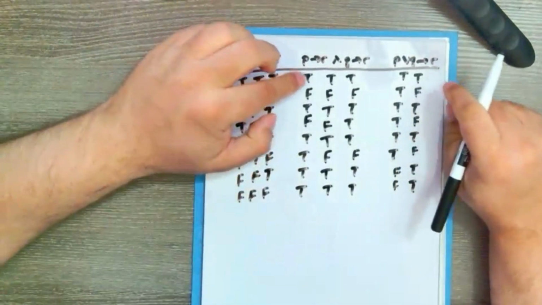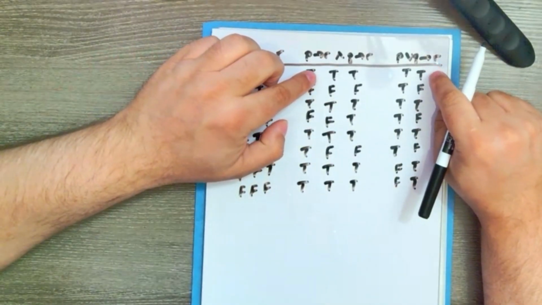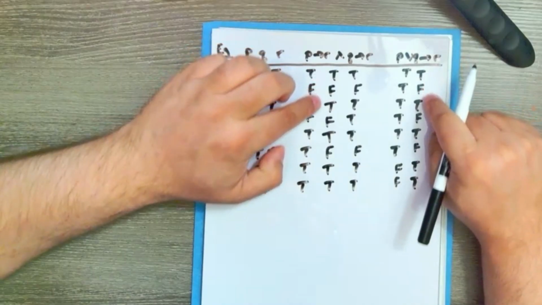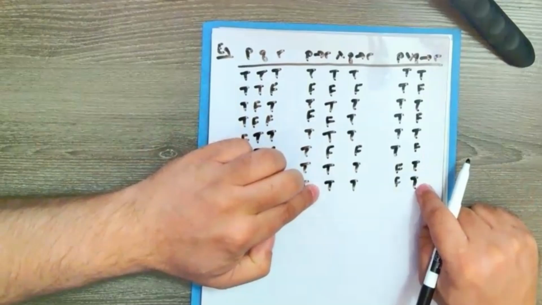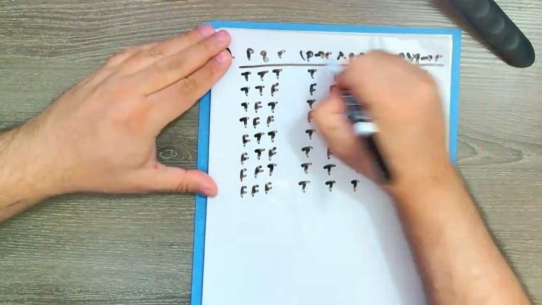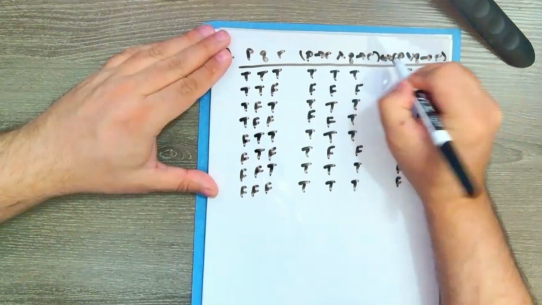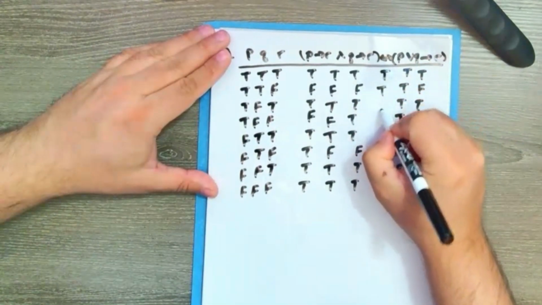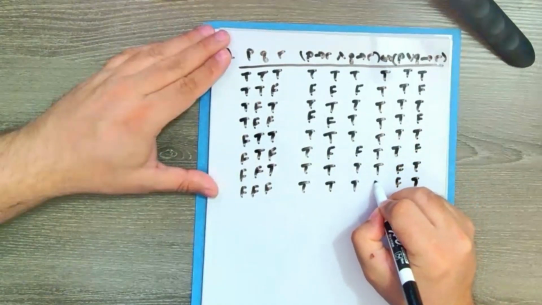So notice that in the first statement compared to the second statement, we have identical truth values. And so if we look at the biconditional joining them, that biconditional is true in all cases.